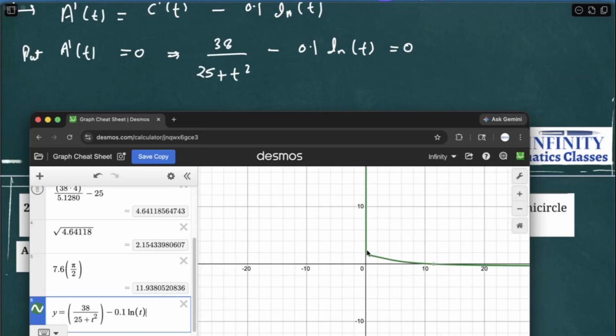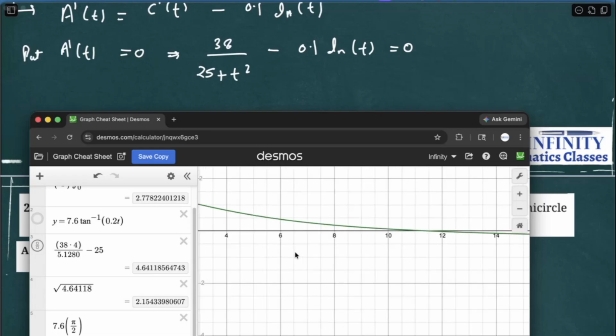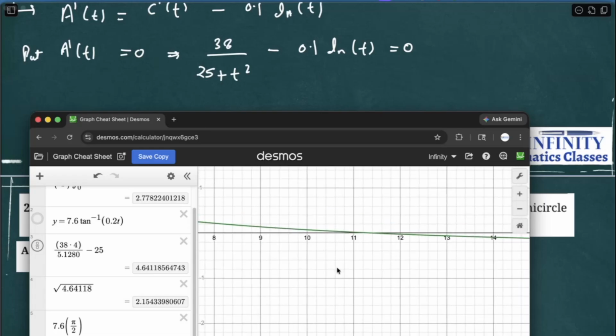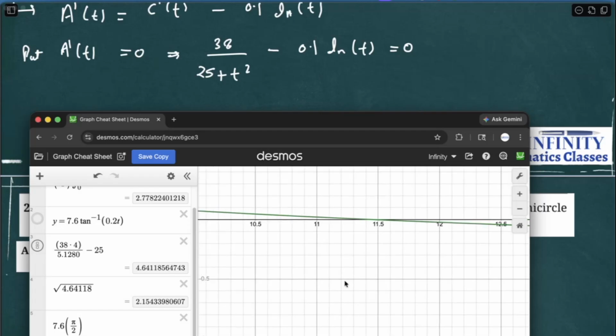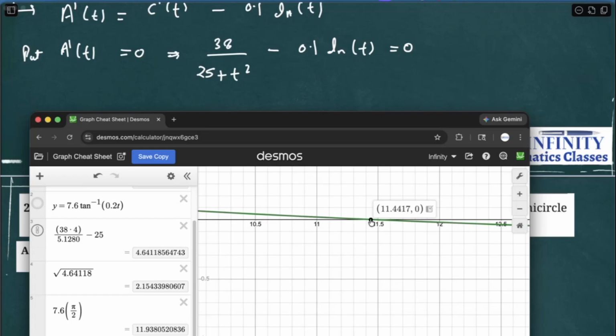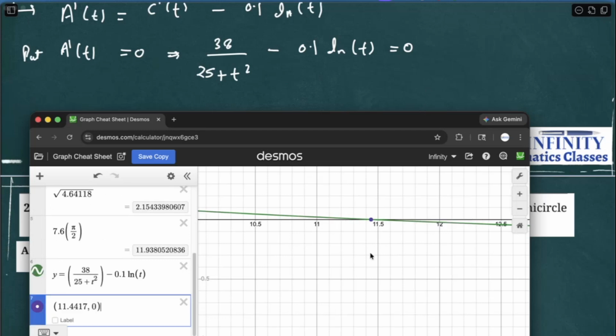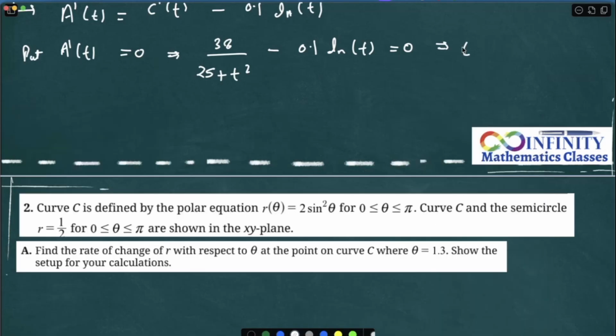Okay, just look at the graph there carefully. What I can assume is that around this value, this is the point where the graph is going to intersect the x-axis. So the value of t where the left-hand side is going to be 0 is this value. Let me just make use of it: 11.4417. So that means to say that the value of t is going to be 11.4417. Do you agree?